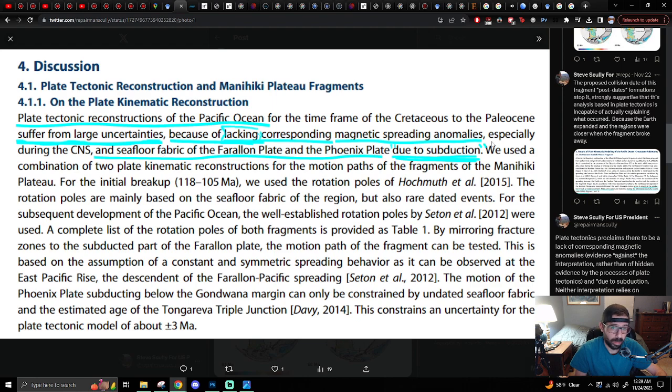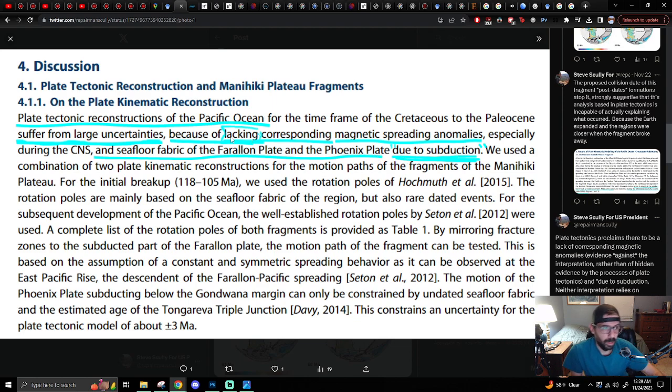Seafloor lacking corresponding magnetic spreading anomalies, especially during the Cretaceous normal superchron, and seafloor fabric of the Farallon plate and the Phoenix plate lost due to subduction.